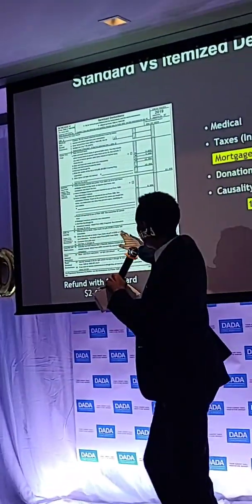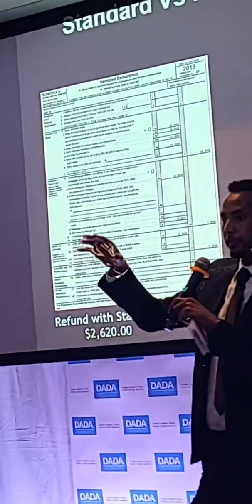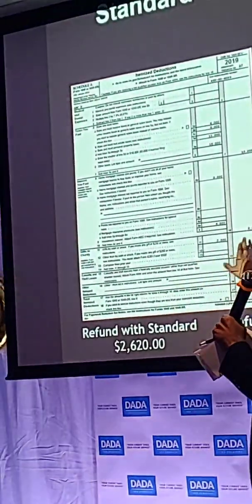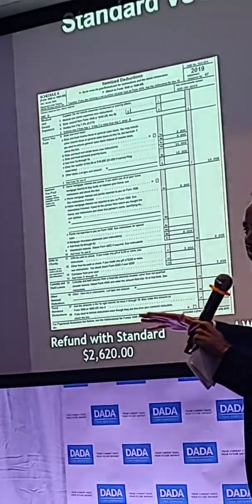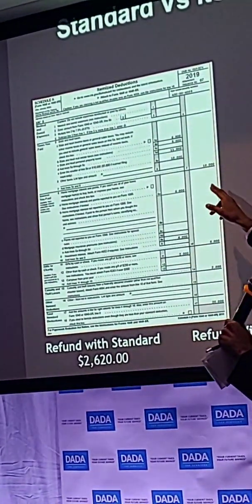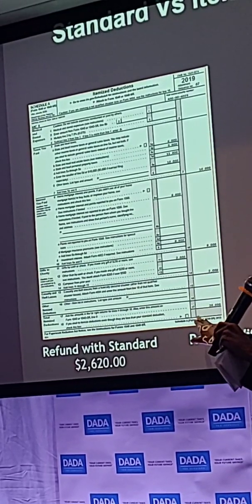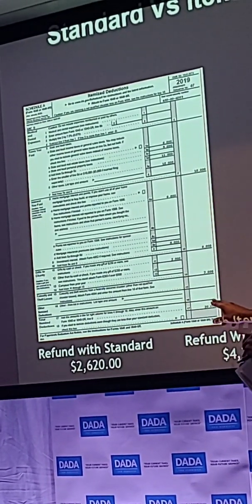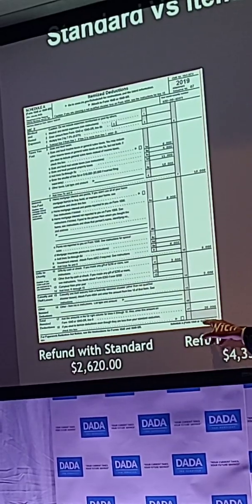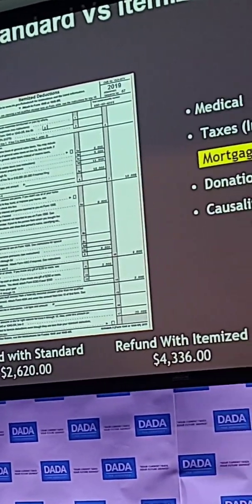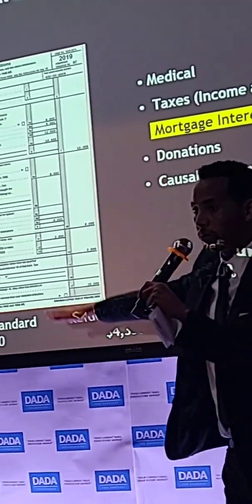So donation is here, okay? If you don't have a mortgage and you pay 2,000 in donations, you lose it, because you wouldn't take the itemized 2,000. You would go by the standard deduction, which means you are losing the donation.